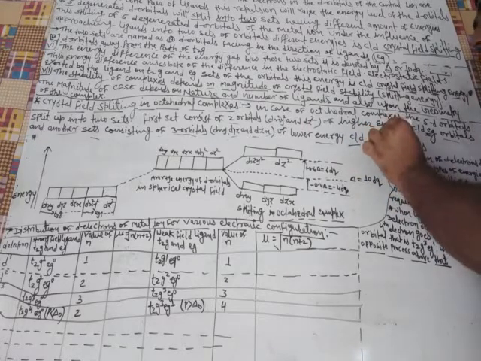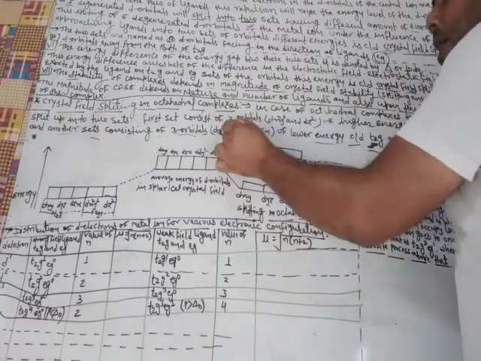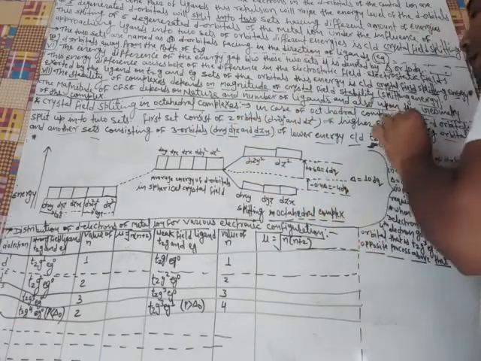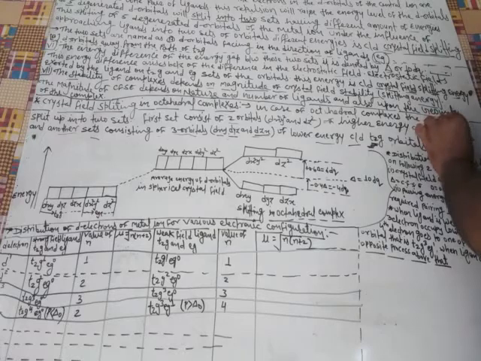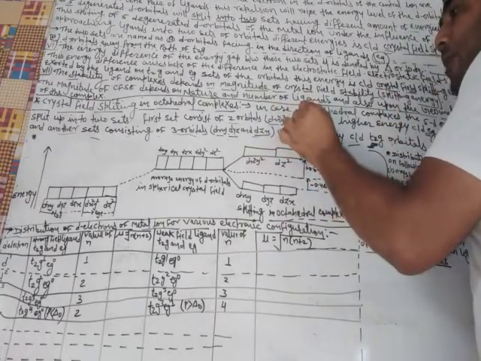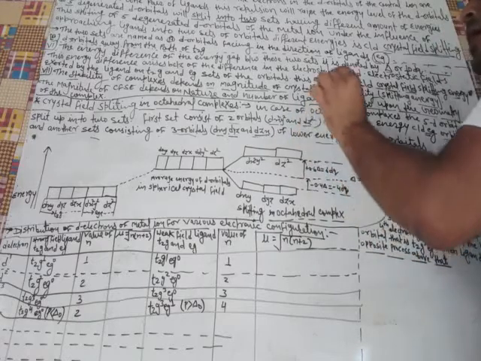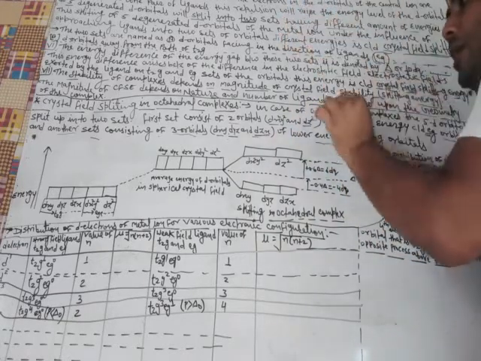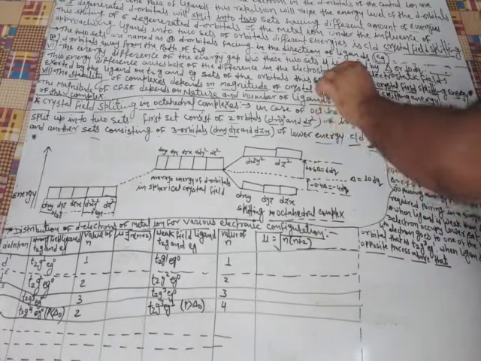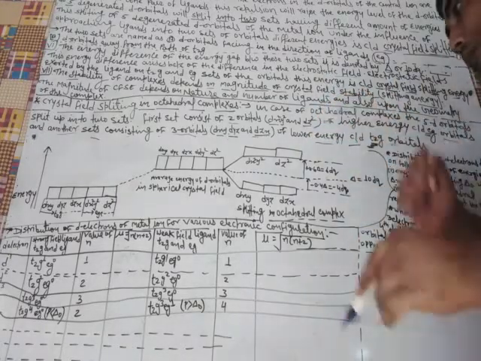T2g has three orbitals, dxy, dyz and dzx, and Eg has two orbitals, dx square y square and dz square. Eg is a higher energy level and T2g is a lower energy level. This energy level is explained by a splitting diagram in octahedral complexes.